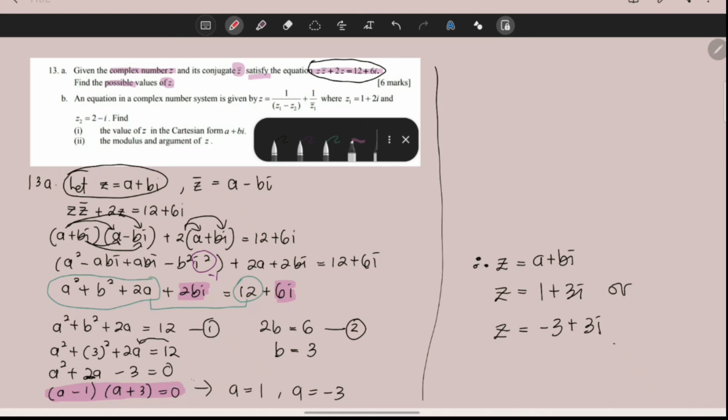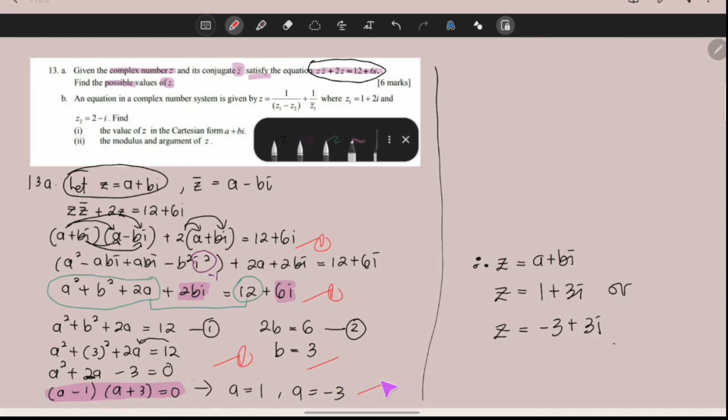Okay, so let me mark where it will give you marks. First one, when you substitute z with a plus bi and the conjugate a minus bi, you get 1 mark. And then you rearrange until here, you get 1 mark. You have your simultaneous equations, 1 mark.